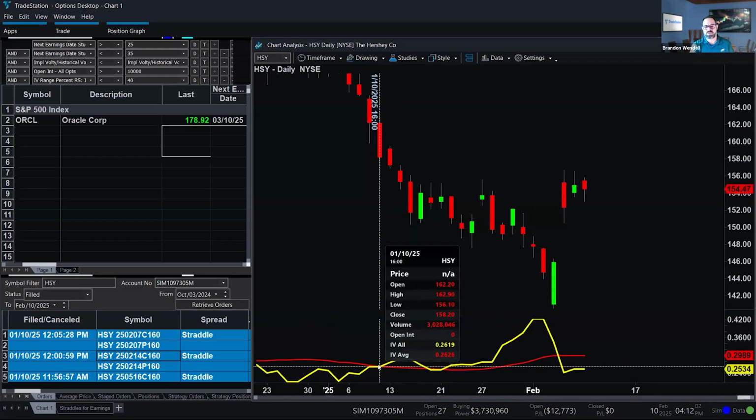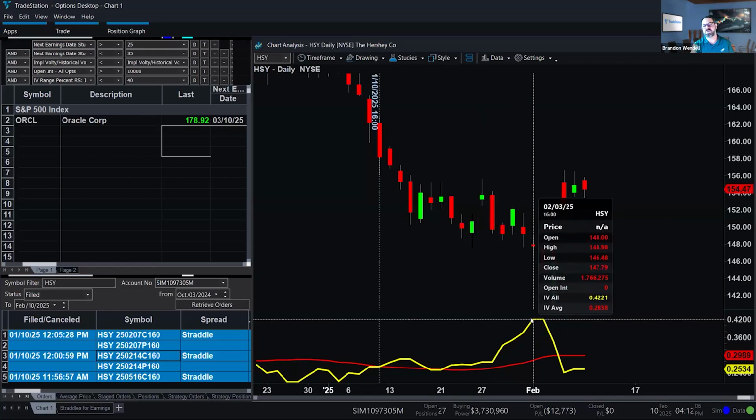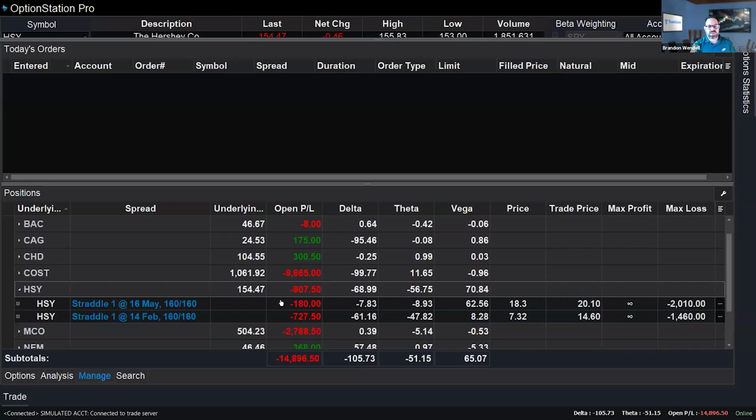Originally, we were sitting somewhere around 26 and it went all the way up to about 42. So a big jump in volatility. And then look at where it ended up after the earnings, right back down. Now, if I take a look at the open positions currently, you can see that those are both in negatives right now. And the reason they're negative, obviously, is that the prices have gone right back pretty much to where the strikes are.